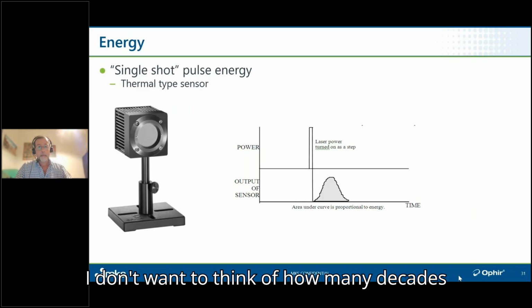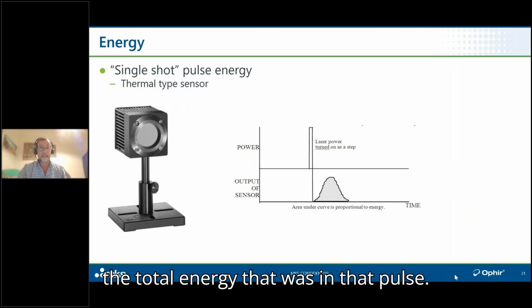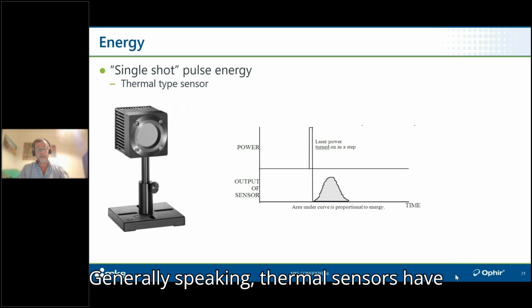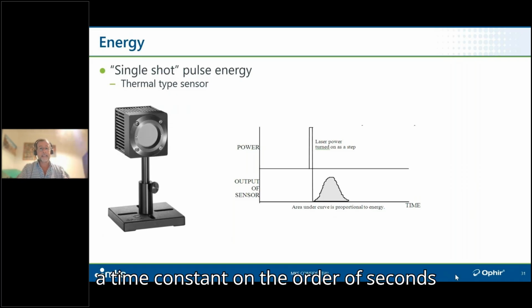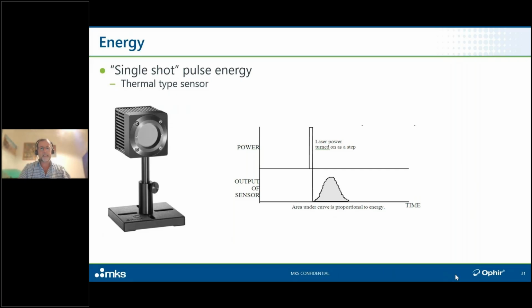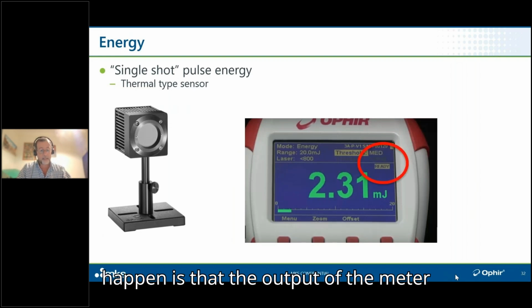So after we fire that pulse, usually the meter will tell you, wait, don't fire another pulse yet. And when it's finished and the meter senses that the last of the heat has gone, it does its processing, displays the result, and then tells you that it's ready for you to now fire another pulse.